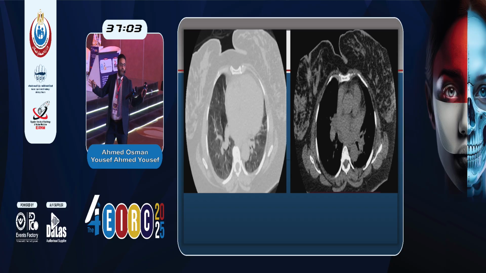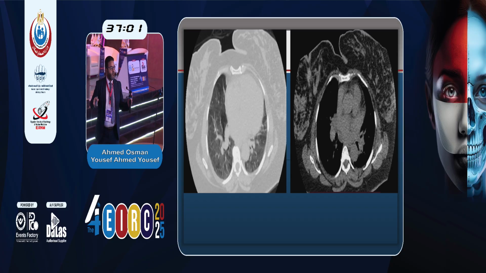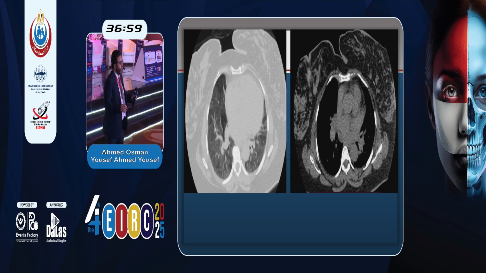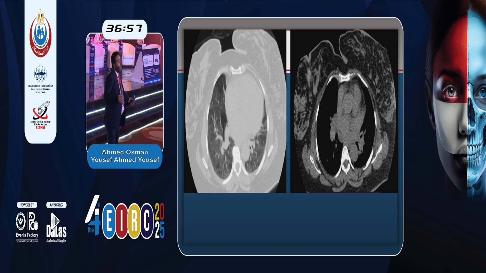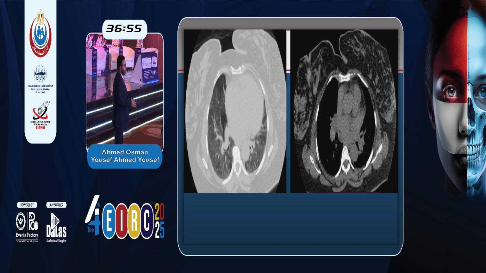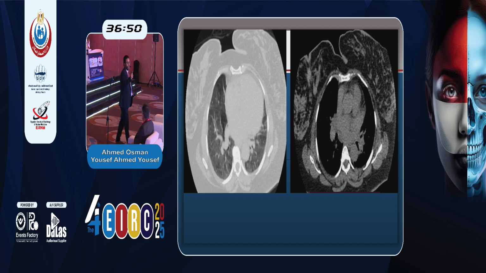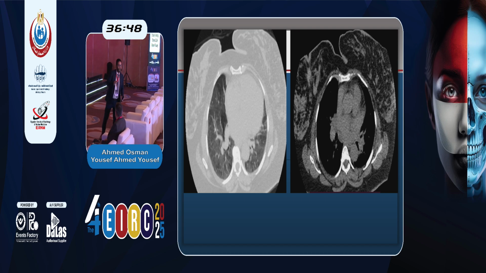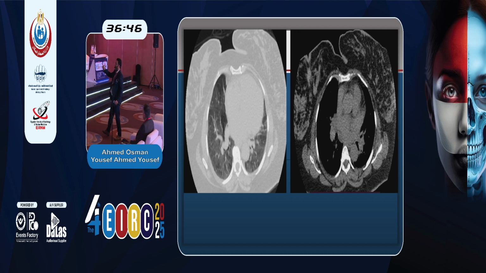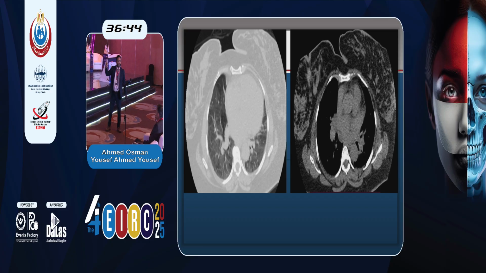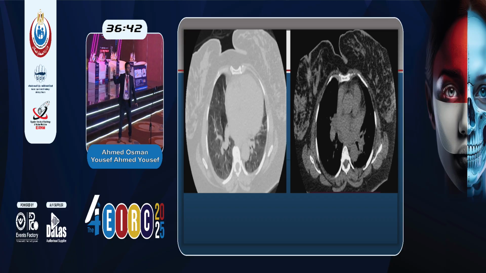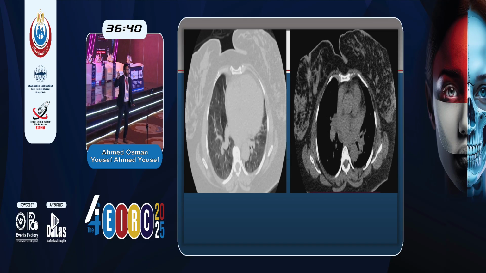How can we deal with a case of pulmonary mosaic attenuation? We have a lot of differential diagnoses in such cases, so we must have an algorithm. First of all, you must look at the blood vessels, even in a non-contrast study. Look at the caliber of the blood vessels in the areas of ground glassing and the areas of air trapping.